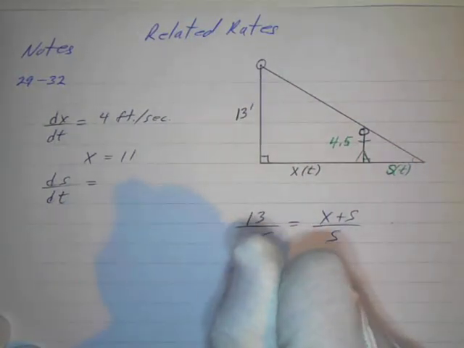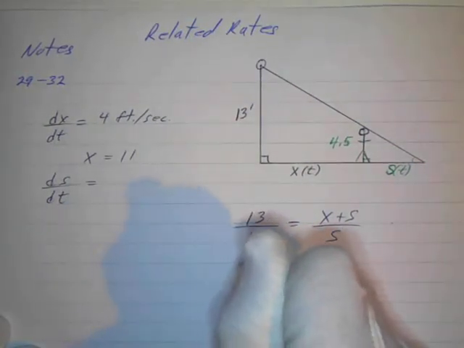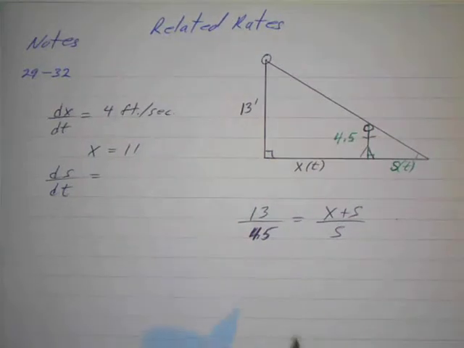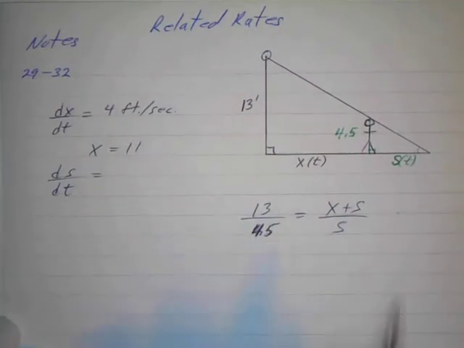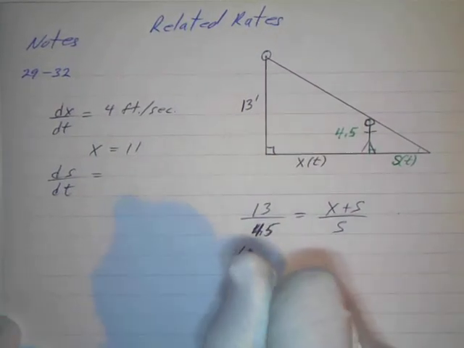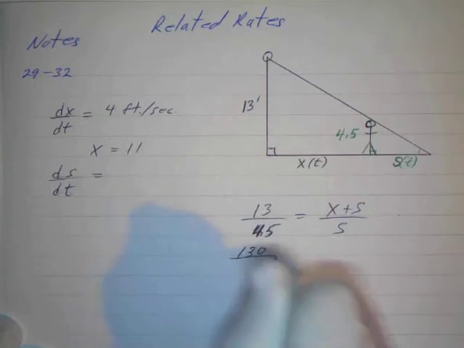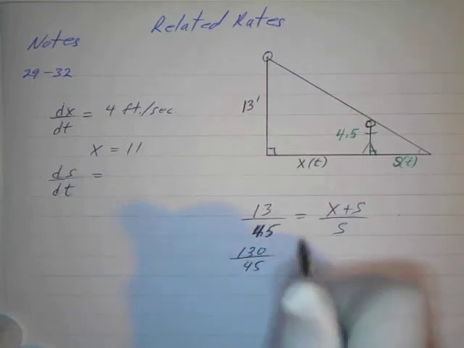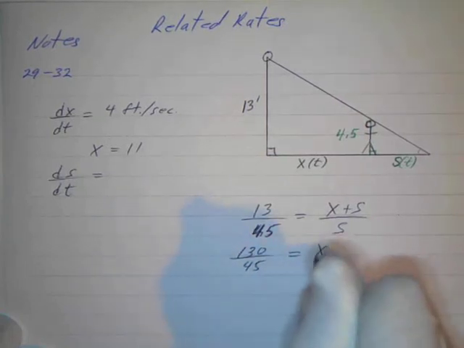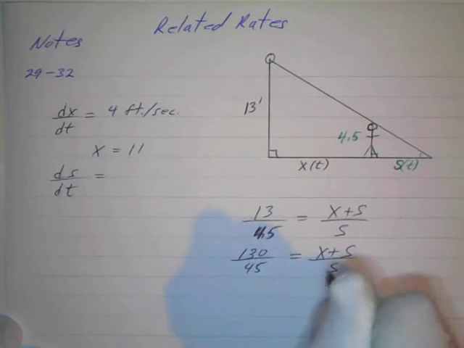Now we have a decimal mixed up with a fraction. We don't like that. So the easiest way to deal with this is to multiply the top and the bottom by 10. So we'd have 130 over 45, and that equals my x plus s all over s.